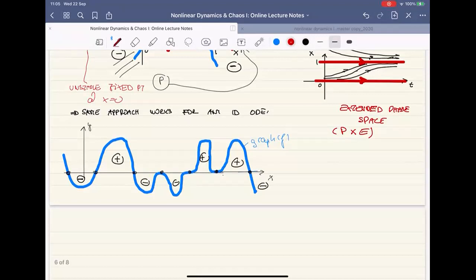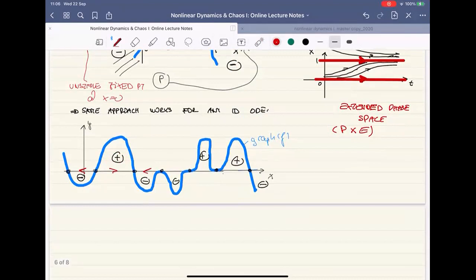Things are negative in the first part, so here I have decay. In the next one the right-hand side is positive, so I have growth. In the next one the right-hand side is negative, I have decay. And here I also have decay. Here I have growth. Next one I have growth, decay.